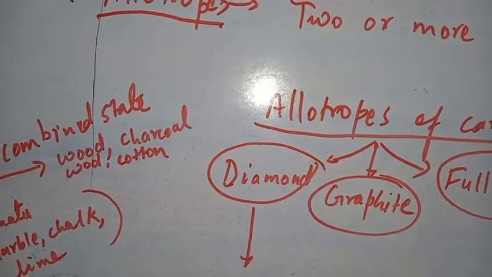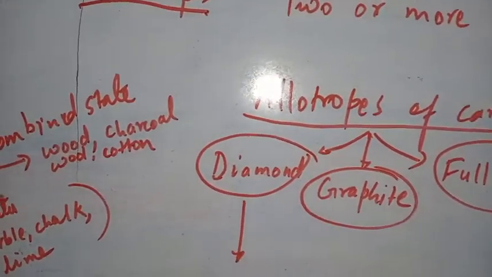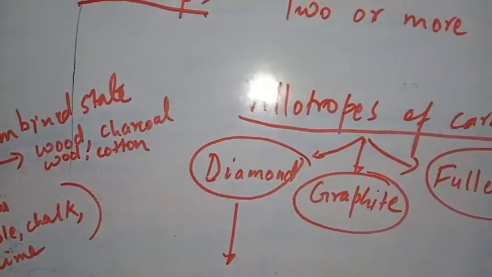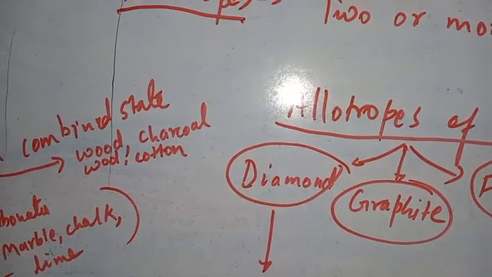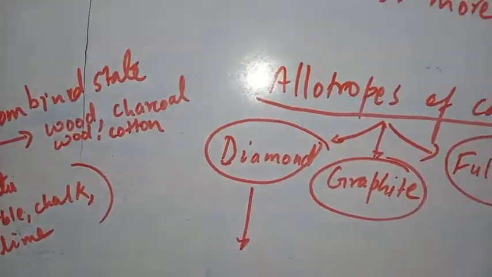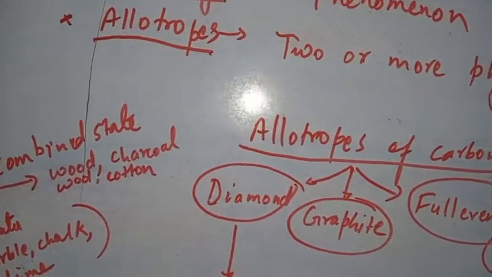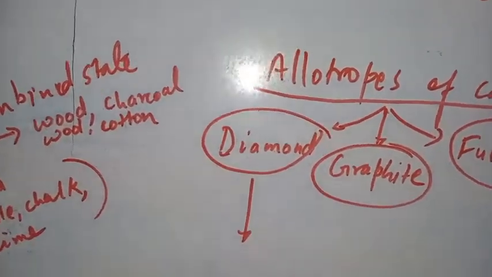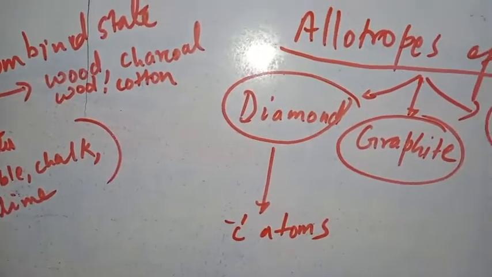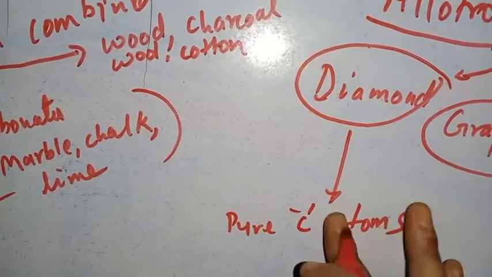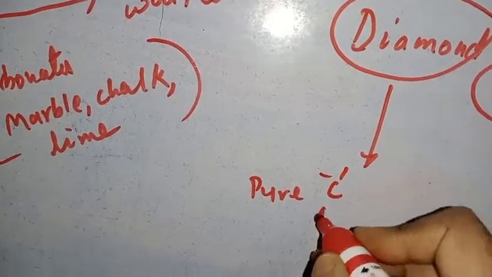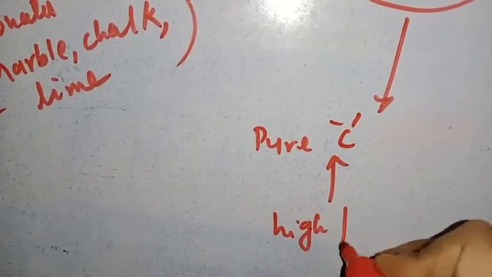And how does the synthesis of diamond take place? Diamond is found in the earth's crust only. Naturally it is found in our environment in a very small amount. Abundance is very less, and you can also synthesize it in the lab. How can it be synthesized? It can be synthesized by subjecting pure carbon to a very high pressure and extremely high temperature.